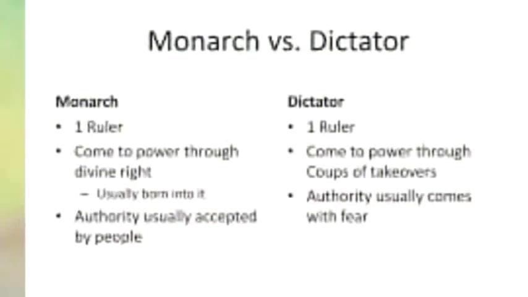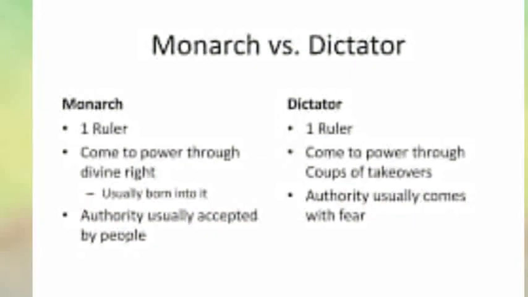but one doubt is coming in your mind कि in monarchy also one ruler, there's also one ruler. So let's we compare. In monarchy government, there is one ruler only, and dictatorship government, there is also one ruler. In monarchy government, the ruler come to power through the divine rights.